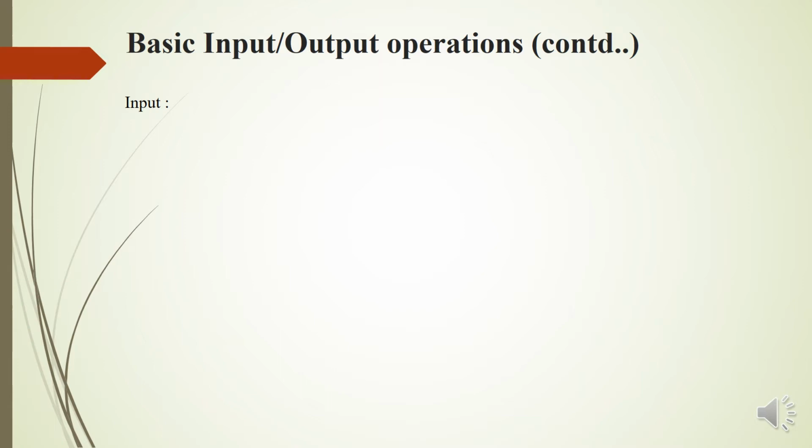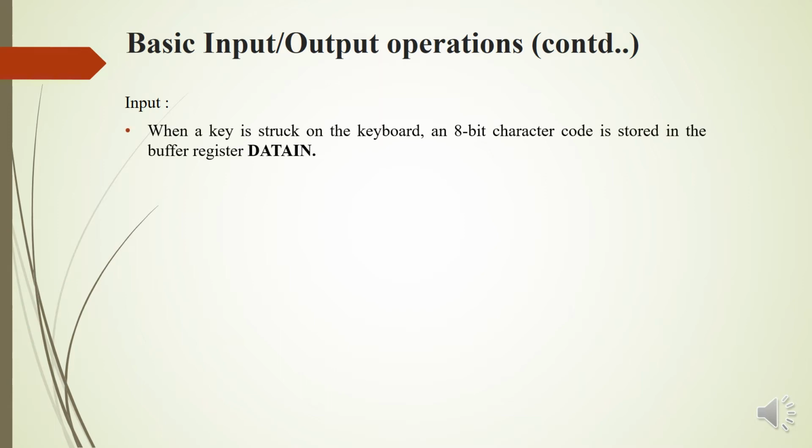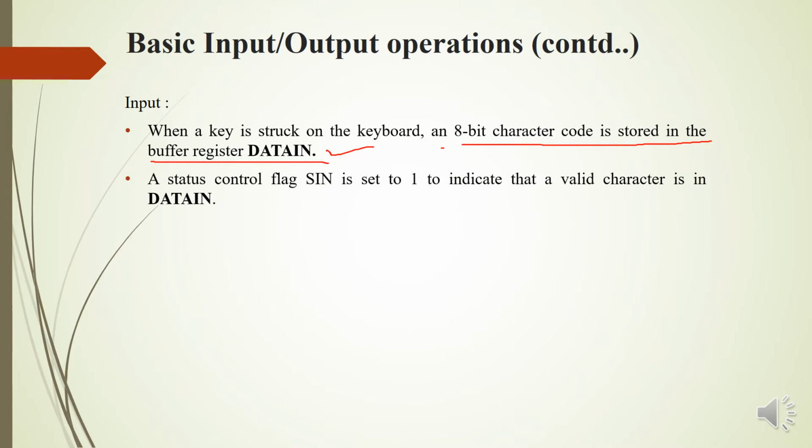Coming to the input. When a key is struck on the keyboard, an 8-bit character code is stored in the buffer register of the keyboard called as data in. A status control flag SIN is set to 1 to indicate that a valid character is present in the data buffer register data in.